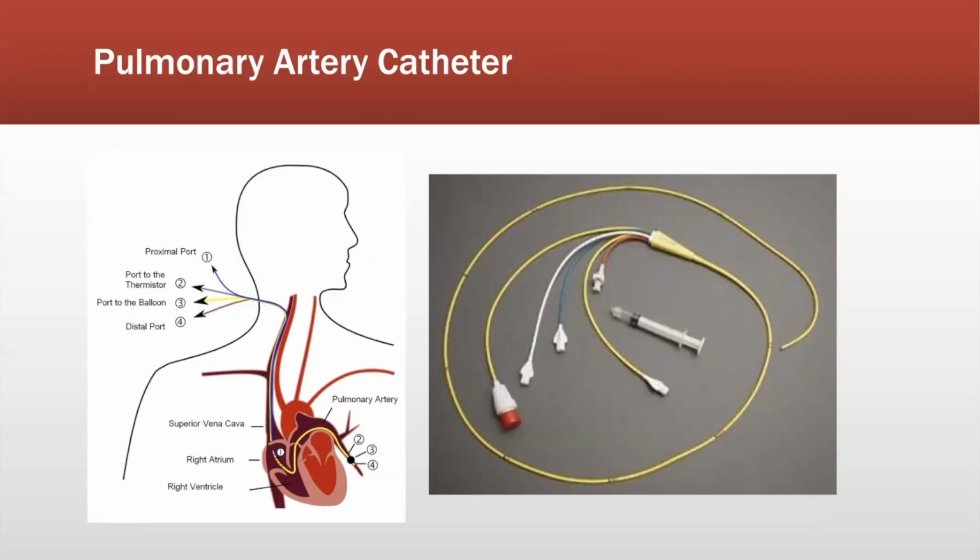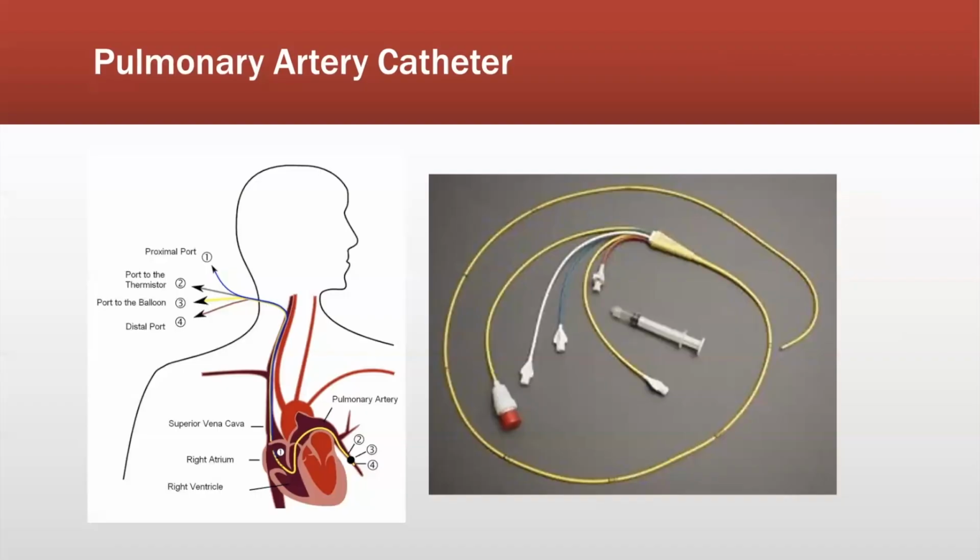Okay, so here's a bigger picture of the Swan-Ganz line on the right, and where it sits in the patient on the left. The Swan-Ganz lines are typically yellow, and you have your balloon port, your CVP port, and your cardiac output indicator as well. So be sure you know what type of pulmonary artery catheter you are dealing with, and make sure that you are infusing these medications into the right port.